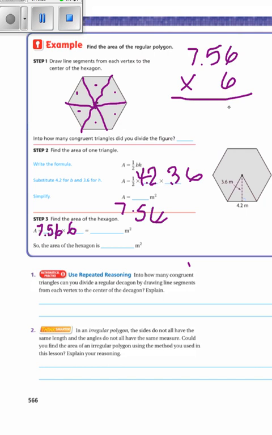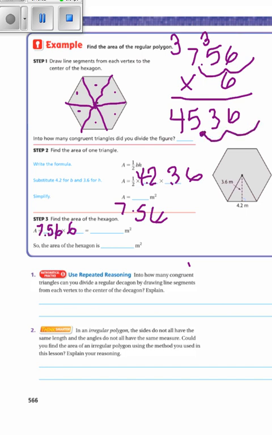6 times 6 is 36. Down the 6, carry the 3. 6 times 5 is 30, plus 3 more is 33. Carry the 3. And then 7 times 6 is 42, plus 3 more is 45. We jumped over 1, 2 times in our multiplication problem, so we're going to do the same thing in our answer. 1, 2.